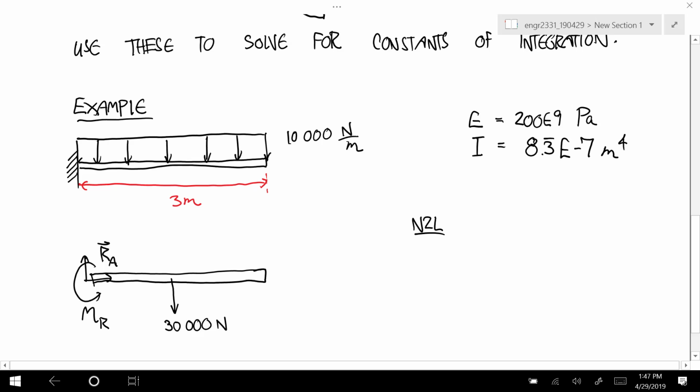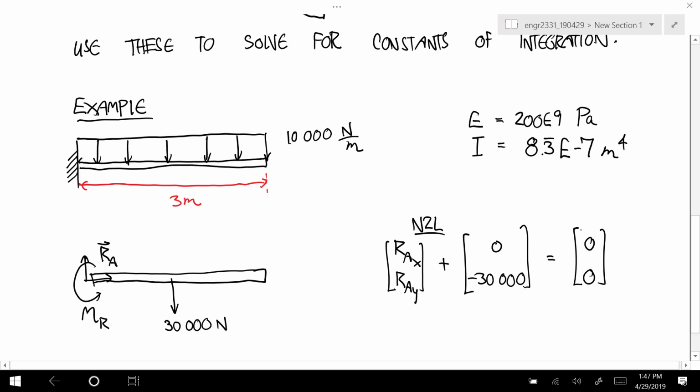Newton's second law says RAX, RAY plus 0, negative 30,000 is equal to zeros. And so that reaction force, RA, is 0 for X, positive 30,000 for Y.